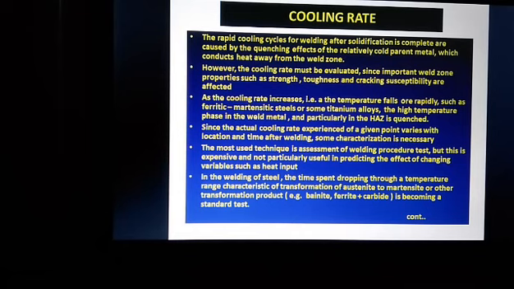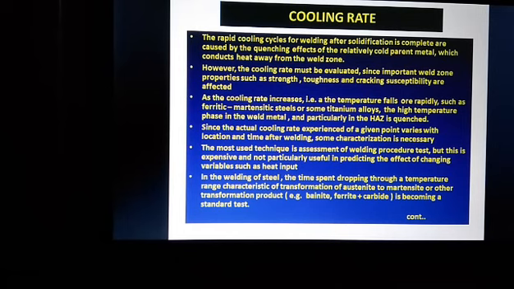The cooling rate must be evaluated since important weld zone properties such as strength, toughness and cracking susceptibility are affected. As the cooling rate increases, as the temperature falls more rapidly, in materials such as ferritic martensitic steel or some titanium alloys, the high temperature phase in the weld metal, and particularly in the HAZ, is quenched.